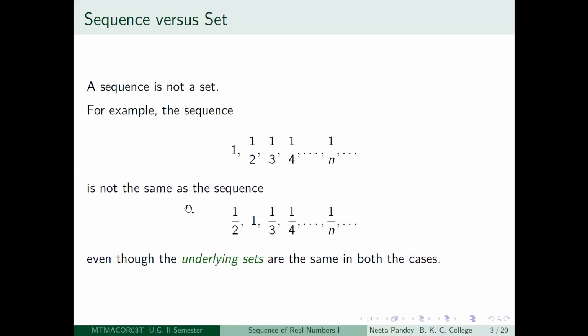Now what I am doing here in this second listing is I am just manipulating. I am writing half first, 1 later on, and then 1/3, 1/4, etc., 1 by n, and so on. So this is also a sequence, but this is different from this sequence. So if you just think of it as a function, you notice that here 1 is mapped to 1, but here 1 is mapped to half, 2 is mapped to 1, here 2 is mapped to half.